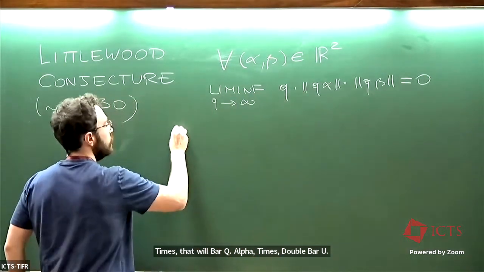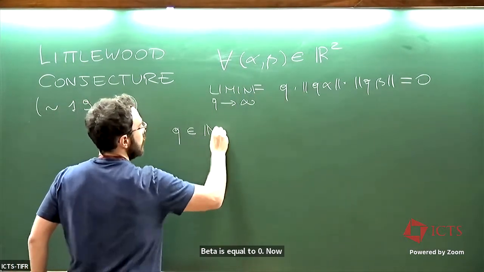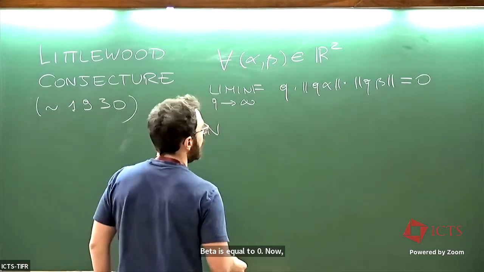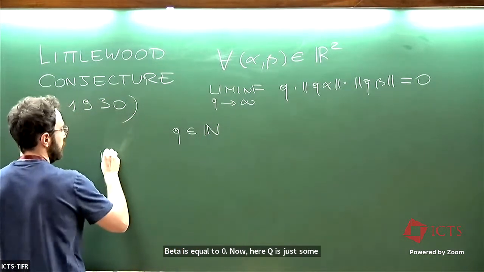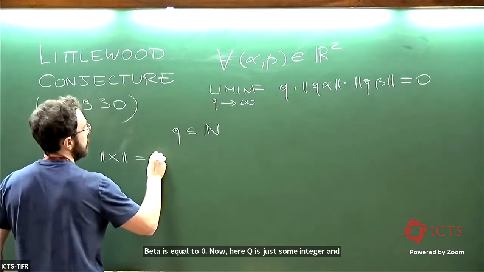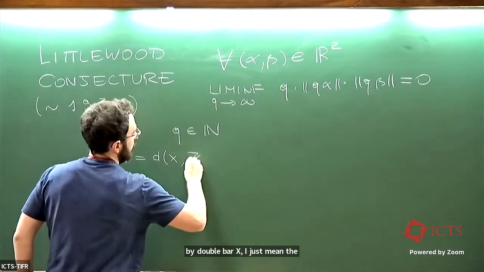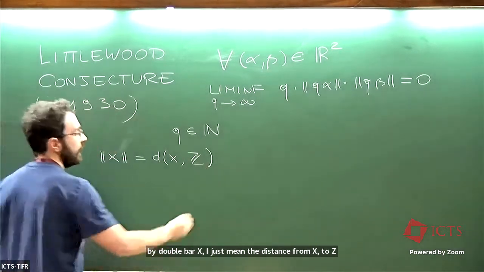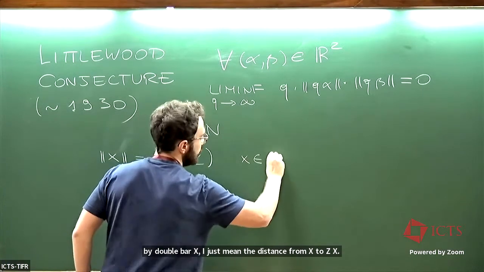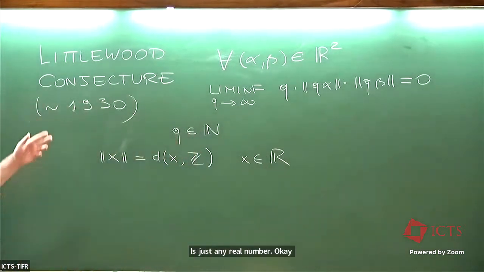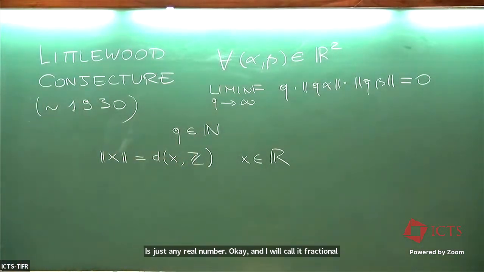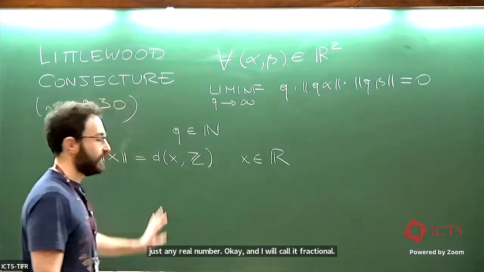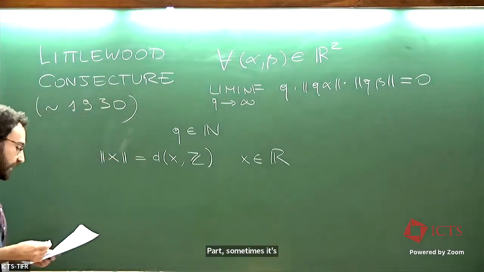Now here q is just some integer, and by ||x|| I just mean the distance from x to Z. x is just any real number. I will call it fractional parts sometimes. It's a slight abuse of notation, but I guess it's still fine.